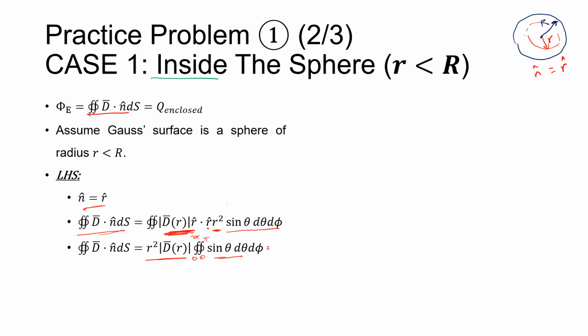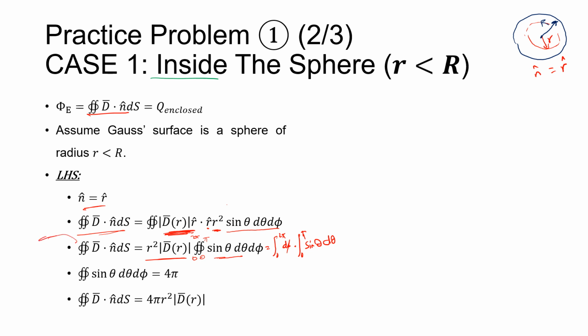This is a very simple integration, you can do it yourself, but at the end you will get 4 pi, which is just the solid angle of the sphere. Just substitute in the equation here, and you will get this relationship.